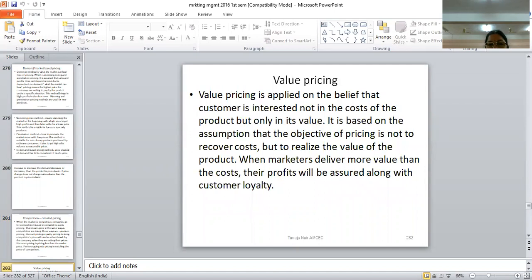Then the next strategy is value pricing. Here, the value pricing method is followed for those customers who are not interested in the cost of the product but are more interested in the value of the product. So here companies follow the value pricing strategy not to recover their cost but to make the customers realize the value of their product.